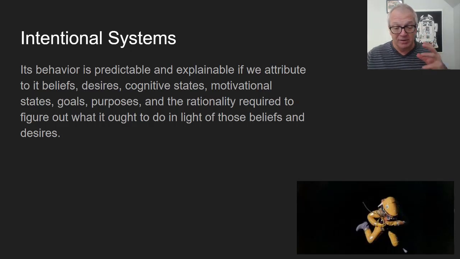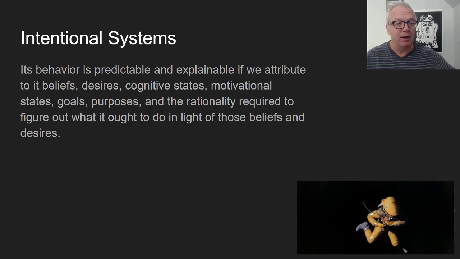That is, you see something like a squirrel and you go, well, why is the squirrel burying those nuts? Well, he's trying to save up food for winter. So the squirrel's got a purpose. So it's a sort of intentional system.